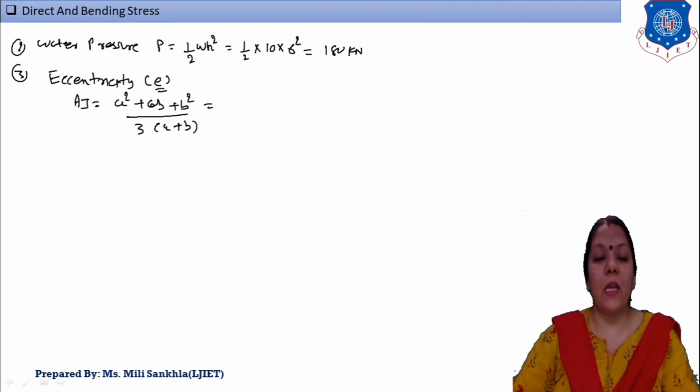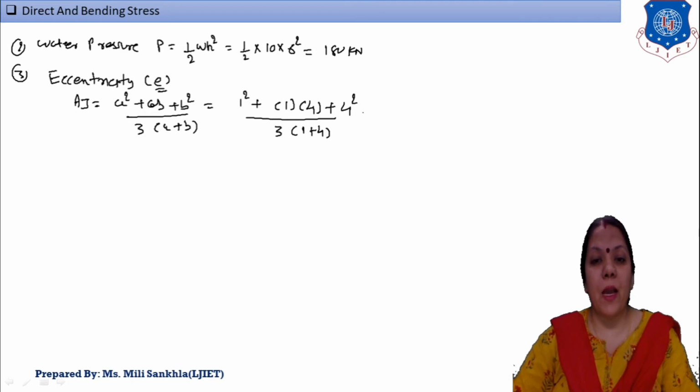Now A is equal to 1, bottom width B is equal to 4, and my answer of this AJ is equal to 1.4 meter.